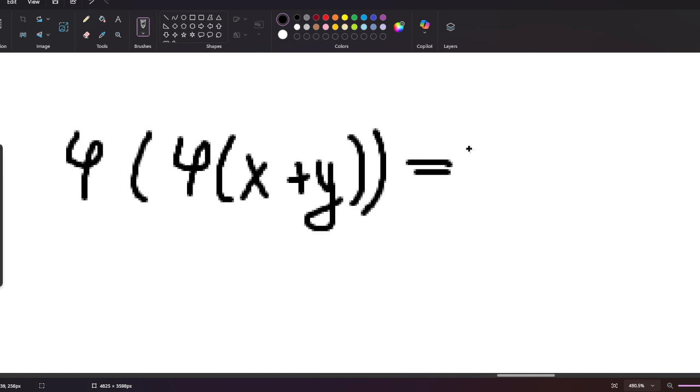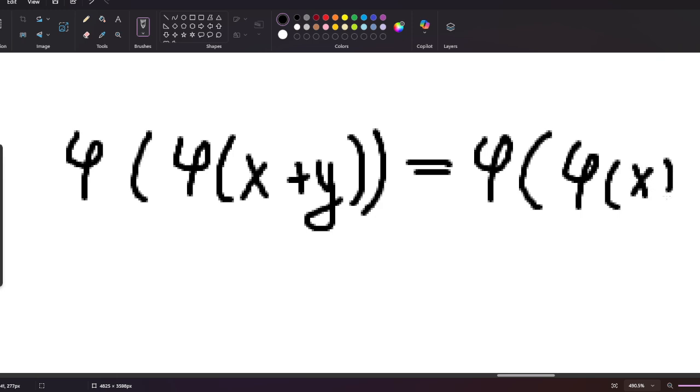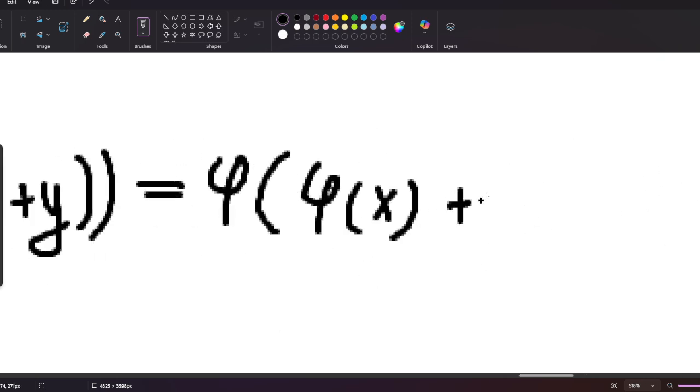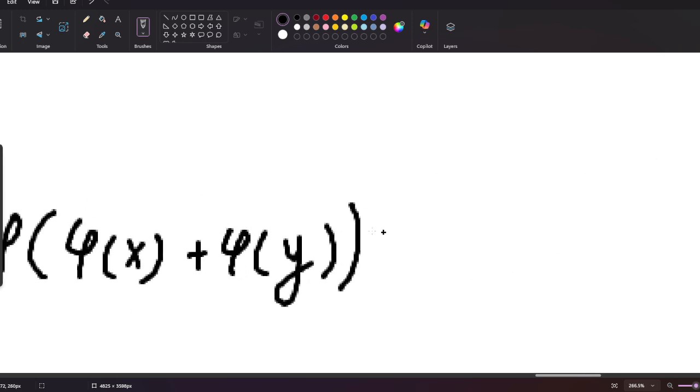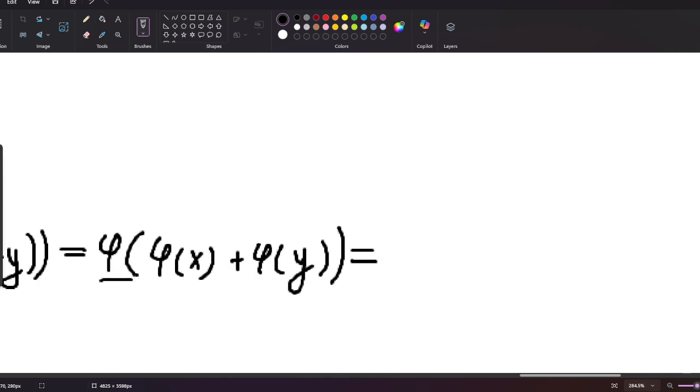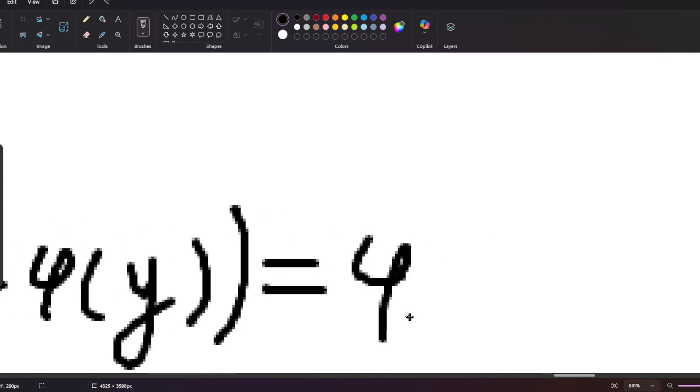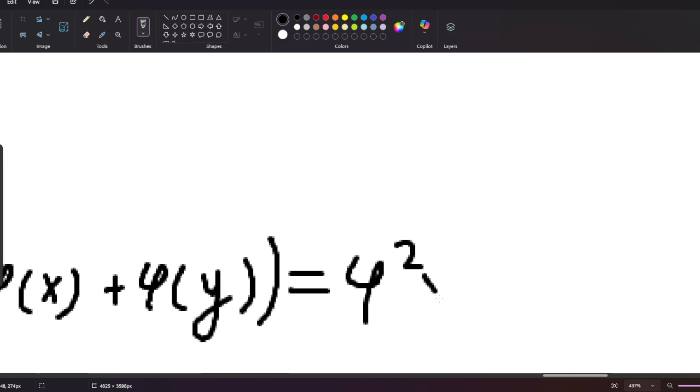That will suggest that we can write it down as phi of x plus phi of y, and that in turn, since we know that phi is a linear function, can be written down as phi squared of x plus phi squared of y.